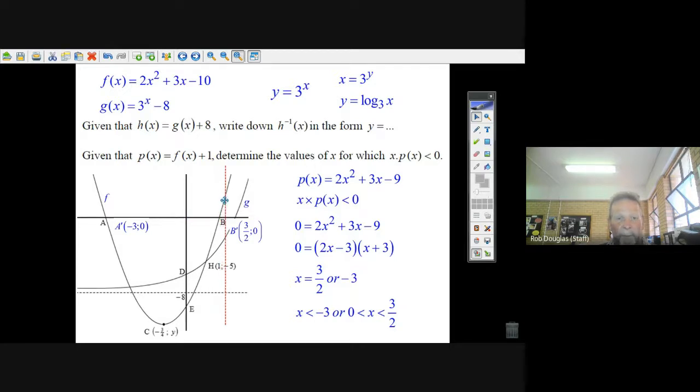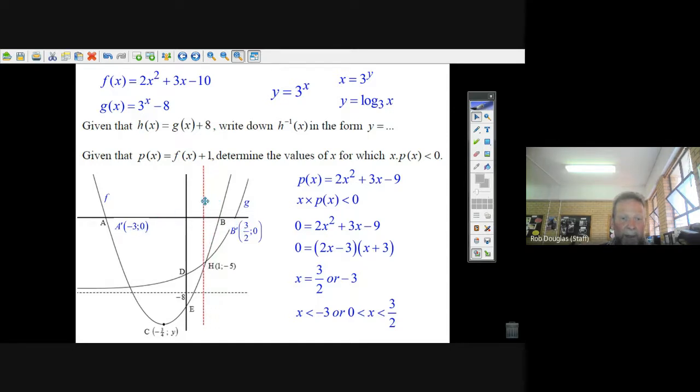This would be a positive times a positive, but we want it to be less than 0. So it starts working right when x gets a little bit less than 3 halves. Then x is positive, and f of x, the parabola, would be negative. I'm using this one here. It actually is the one that's pushed up. But those would be our values, 3 halves and minus 3.